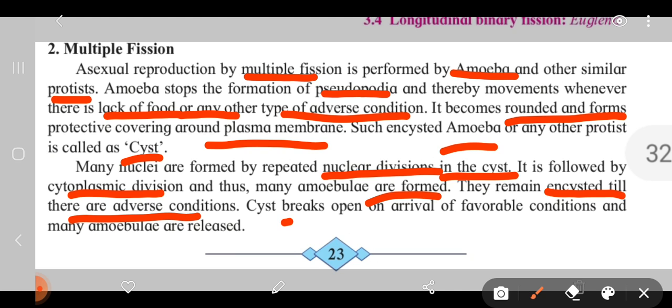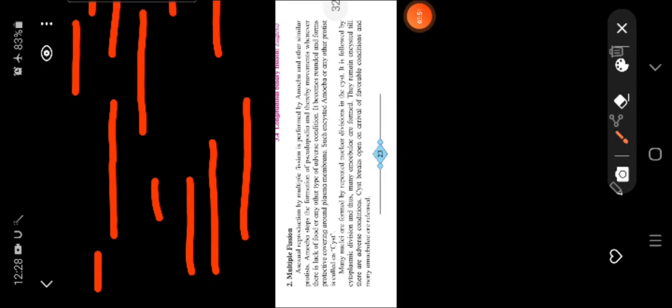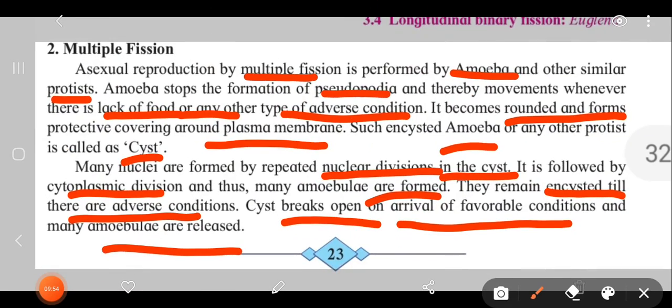The cyst breaks open on arrival of favorable conditions, and many amoebulae are released. So the cyst is formed during adverse conditions. Inside the cyst, many nuclei are formed due to nuclear division, as well as cytoplasmic division, due to which many amoebulae form. What are amoebulae? You can imagine them as daughter amoebae. On favorable conditions, this cyst breaks up and these amoebae are released.